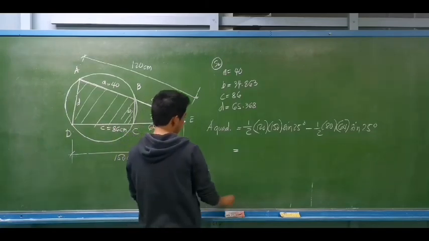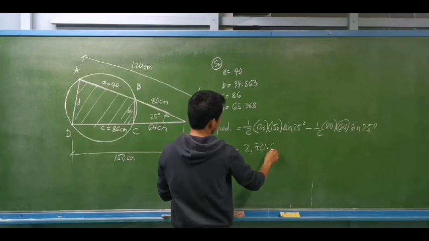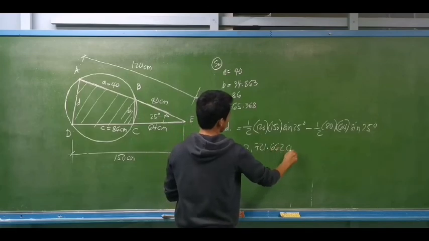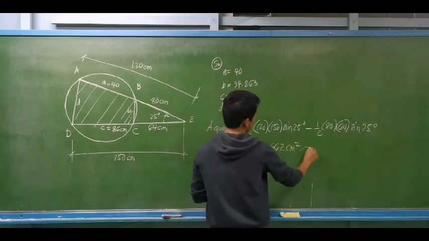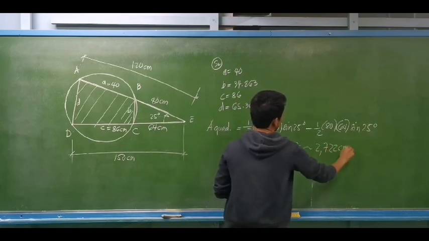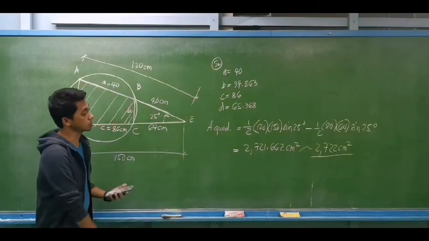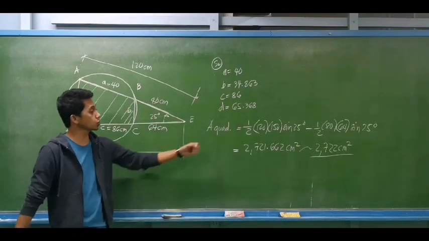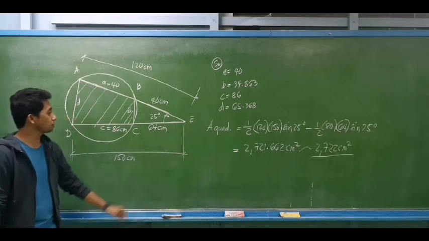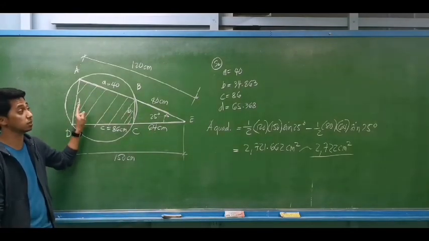So nakuha naman, medyo iba ng konti. 2,721.662 square centimeters. Pero yung value na to is approximately 2,722 square centimeters. So yun, yun pa rin yung sagot, malapit sa nasa choices. So ito yung solution number 2 natin, just in case meron ka ng 64, 86, side B at saka side D.